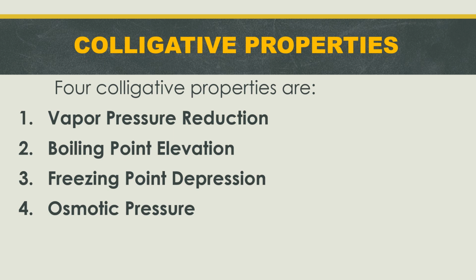All these four colligative properties depend on the amount or the concentration of the solute in the solution and not their chemical identity. Yun yung pinapoint out kanina dun sa slide number 1.